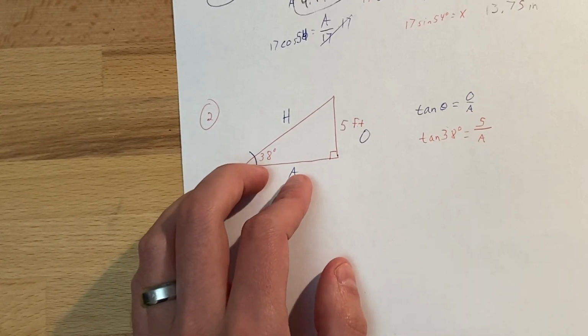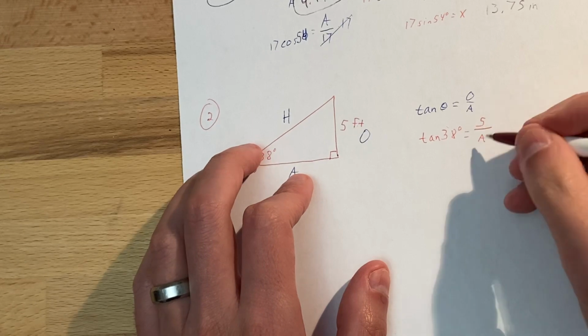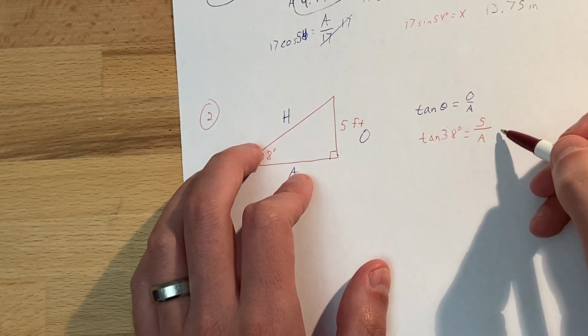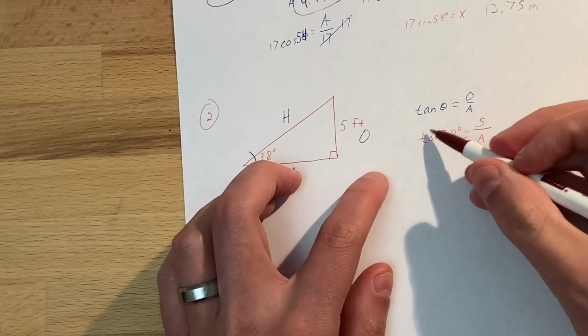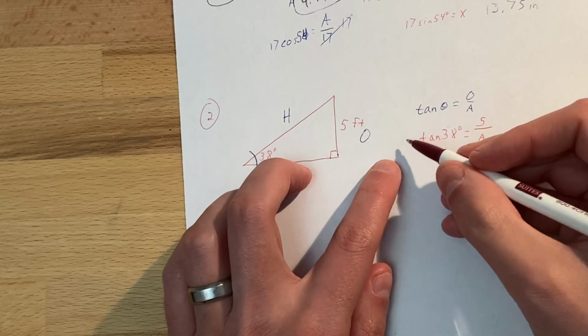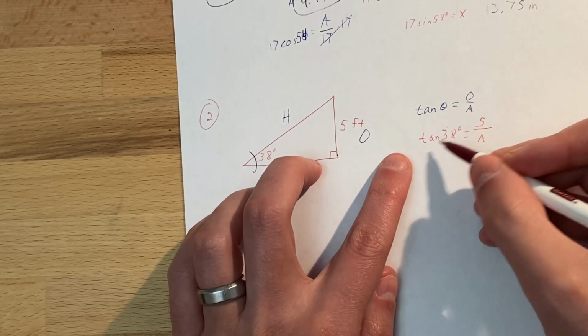So this one is different because 5 is on the top, not the bottom. In the previous one, it was a 17, and we just multiplied by 17. Here, the long way is you would multiply both sides by a, so they'd cancel out and you'd have an a in front. And then you'd have to divide by the tangent of 38 on both sides.